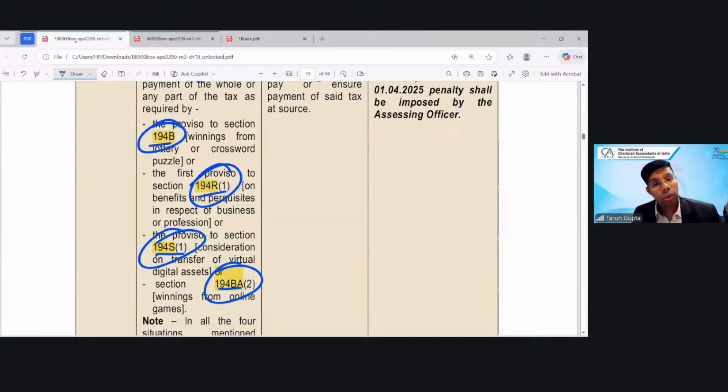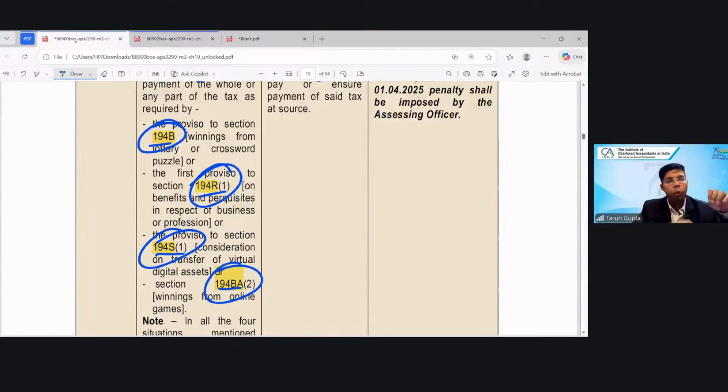In such a case, the law says if a person wins a lottery, then the person who was organizing the lottery and giving the prize to the winner has to ensure that tax on this winning has been paid. Either he collects the tax amount in advance from the winner and deposits it, or he deposits it from his own pocket.